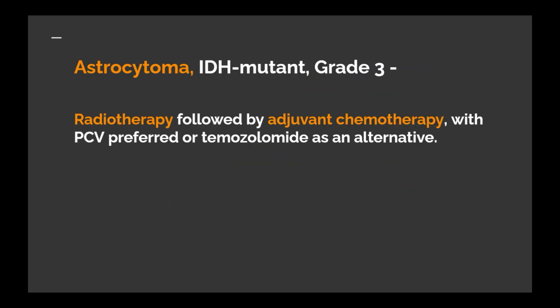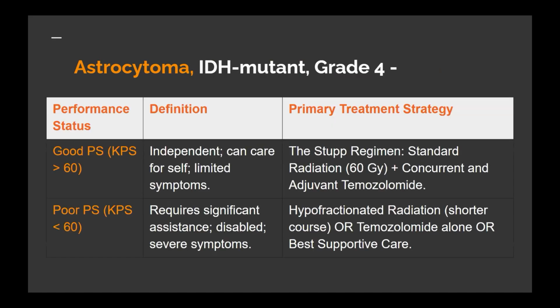So, grade 3: radiotherapy followed by adjuvant chemotherapy with PCV preferred or temozolomide as an alternative. And grade 4. The previous Stupp regimen did not differentiate patients on the basis of KPS. The new NCCN guidelines that were presented in 2025 do differentiate the treatment.